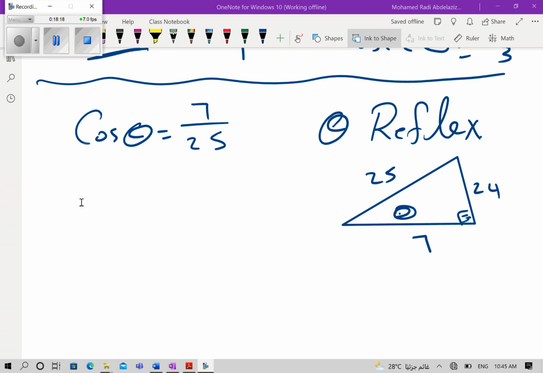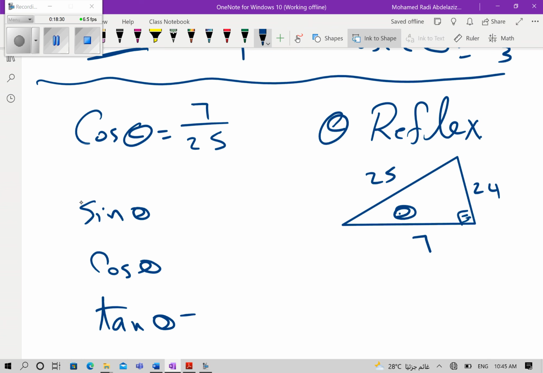Apply Pythagorean theorem, 25 squared minus 7 squared, then x squared will be 24. Then we are ready for finding the other values. Start from sine, cosine, even tan from the right angle triangle. Sine is opposite over hypotenuse. Cosine is adjacent over hypotenuse. Tan is opposite over adjacent.